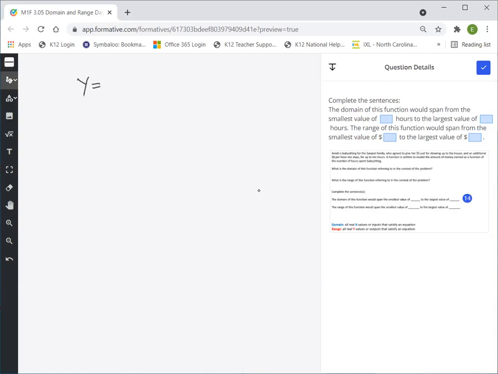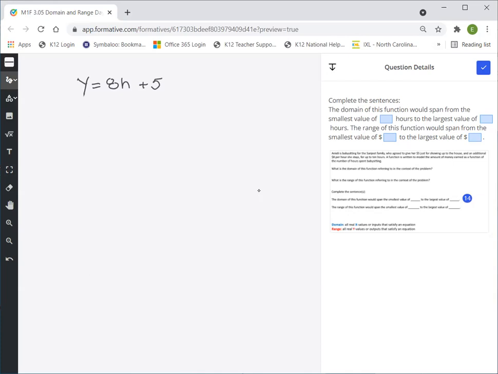Remember that $5 is her base, so that's our B value. So that would be plus 5. And then our rate is that $8, so we would get 8H, or you can put X. And if you wanted to, you could change that Y to M if you'd like to have it as money.